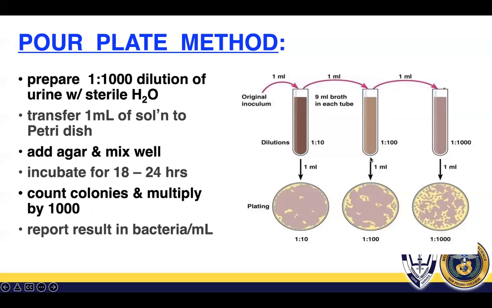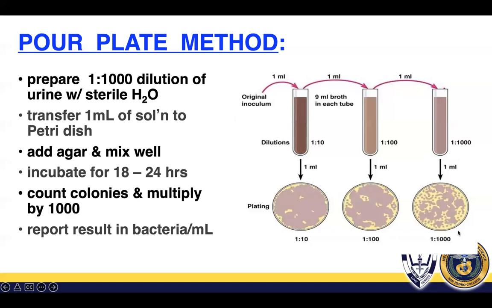Since you'll be needing 1:1,000, transfer 1 ml from this container into a third tube containing, again, 9 ml of sterile water, and that would give you 1:1,000. Transfer 1 ml of your 1:1,000 dilution into a Petri dish, and then add nutrient agar. Mix it well. Make sure it's not too warm.